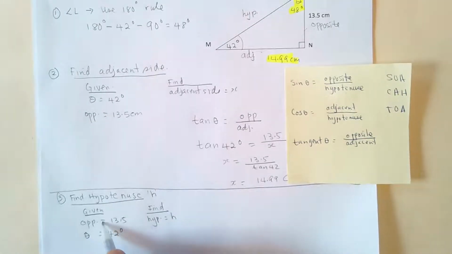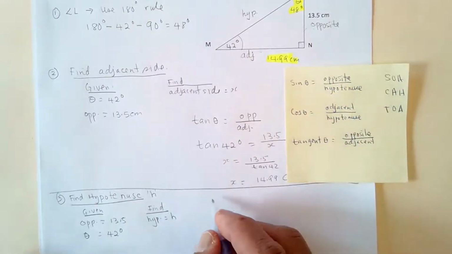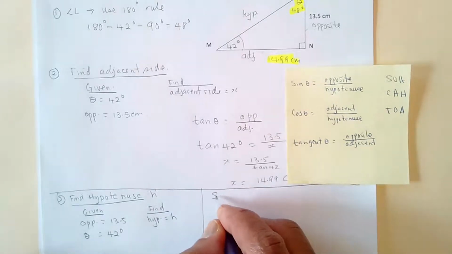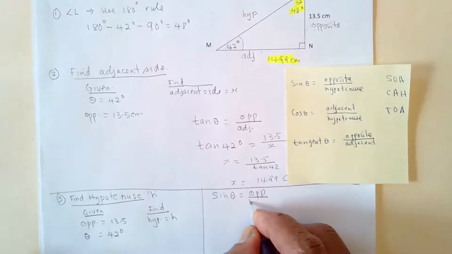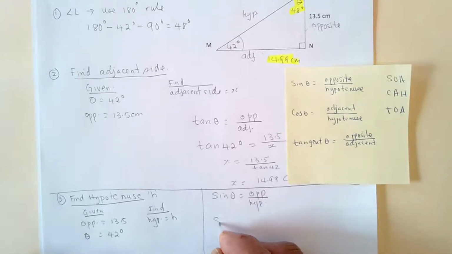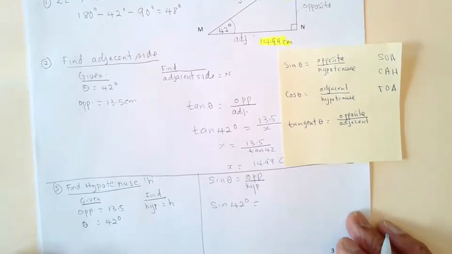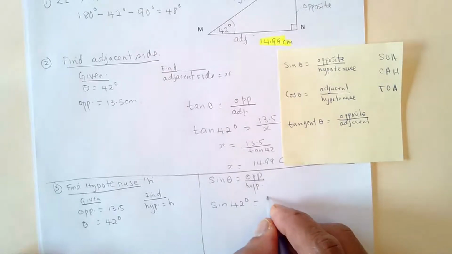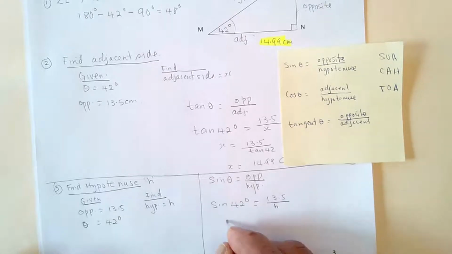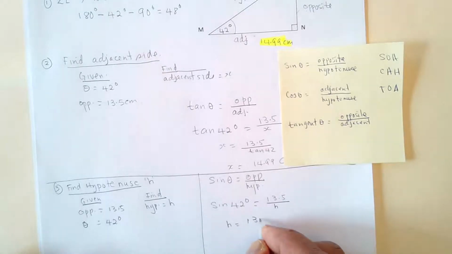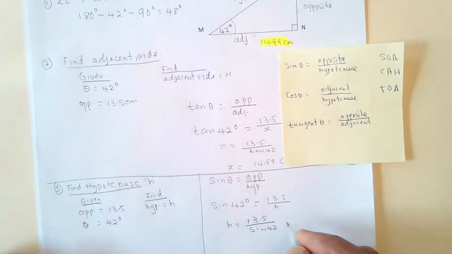So I'm given opposite, I need to find hypotenuse. So opposite and hypotenuse is sine. So sine theta is opposite over hypotenuse. So we have sine 42 degrees is equal to opposite, which is 13.5. We call this h. So h is equal to 13.5 divided by sine 42.